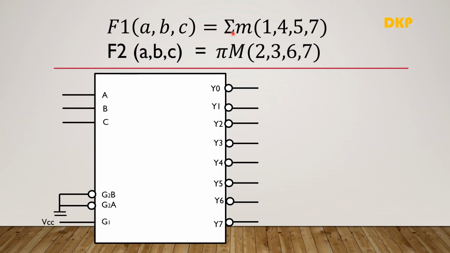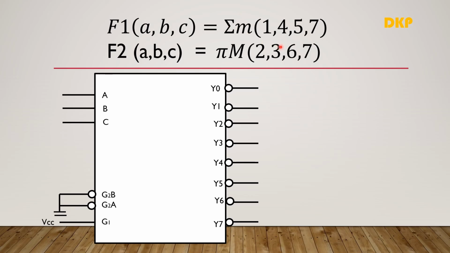So when you get an expression like summation M 1457, you have to connect the outputs 1457 to a NAND gate, and for pi M of 2367, these outputs 2367 should be connected to an AND gate. So this is the rule that you have to follow here.